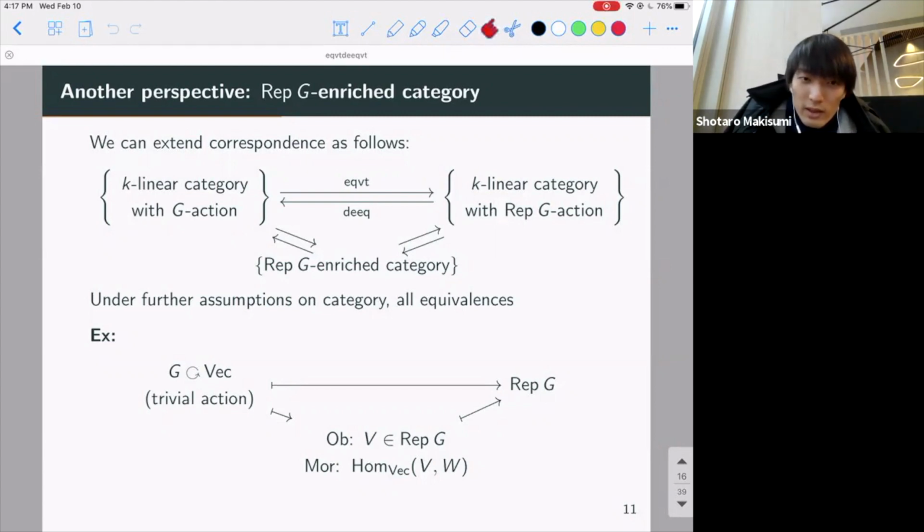Anything else we want to discuss? Any questions? Are there any examples that come up where the A is not, or Spec A is not really affine? You know what I mean?